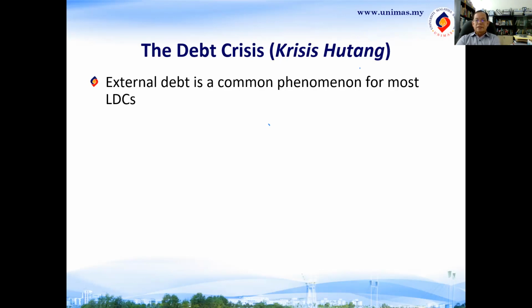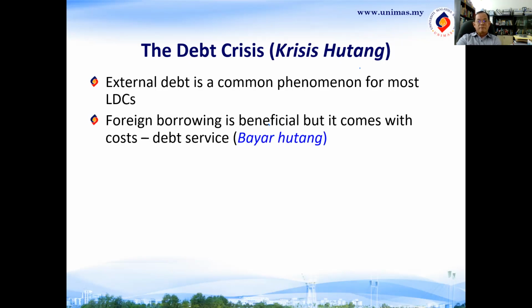The reason for that is that they have to borrow. They don't have enough savings. So they have to borrow from other countries, to put in the current account, for investment purposes, for development and so on in the country.